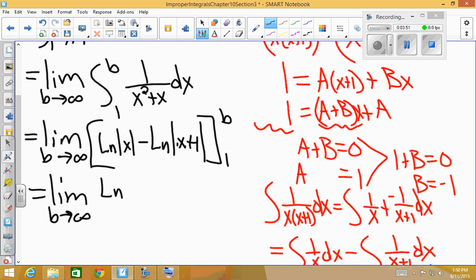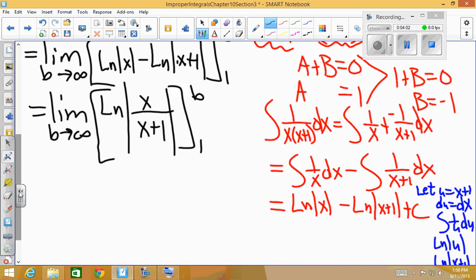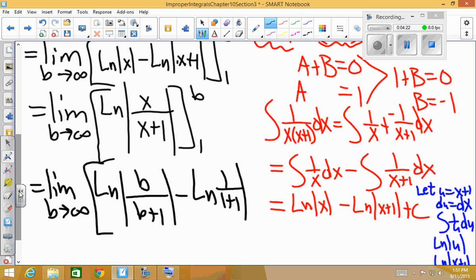So this becomes the natural log absolute value of x divided by x plus 1, evaluated from 1 to b. Now evaluating that antiderivative, we substitute in b first. That's the upper limit of integration. So that's the natural log absolute value of b divided by b plus 1, minus the natural log of 1 divided by 1 plus 1.